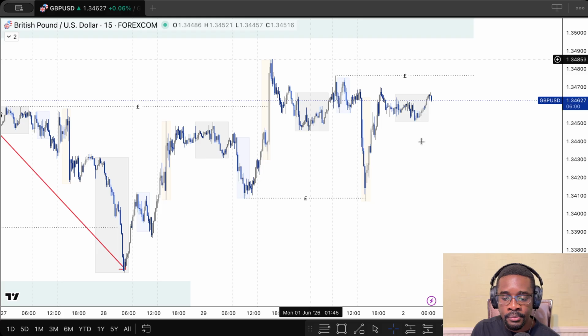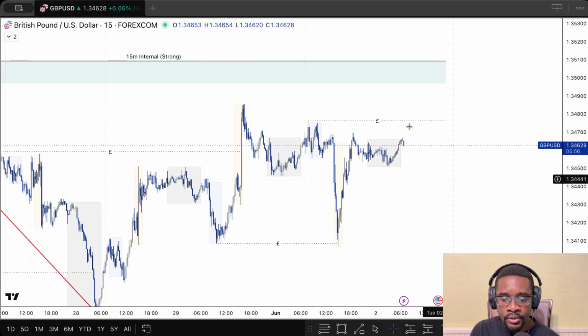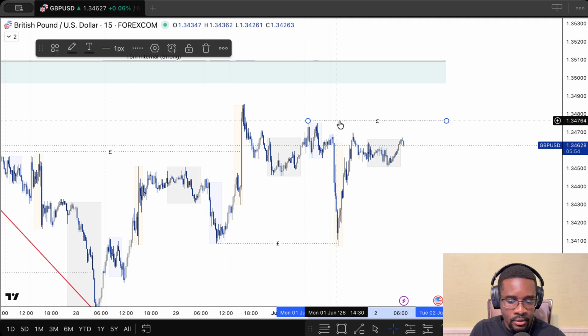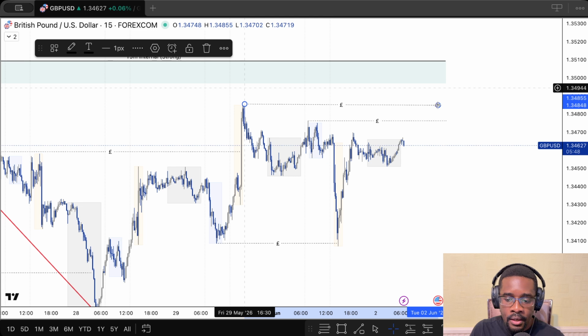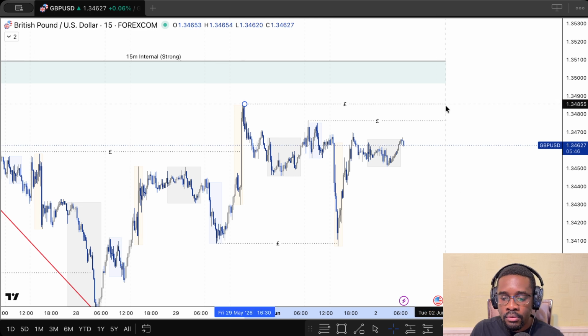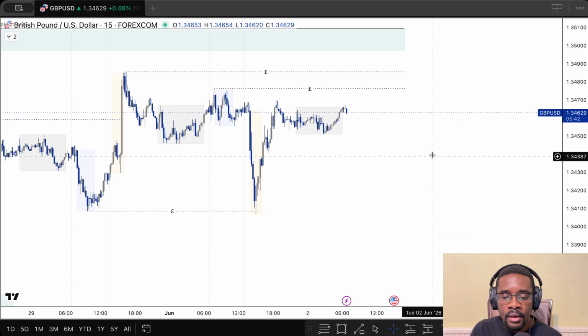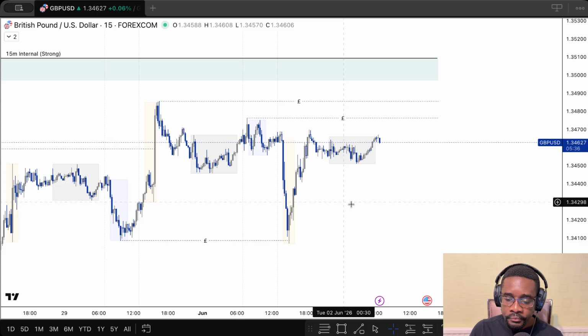So what I can simply wait for, if I'm looking for shorts, is for this to be taken, and then this as well, and then look for my entry confirmations on lower time frames in order to look for those short positions.